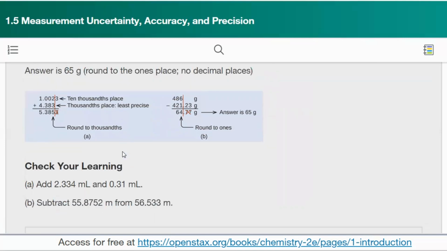All right, so let's check our learning. In order to do this, I might need to bring up a spreadsheet calculator, and I'm going to do that right now. It says here, add 2.334 milliliters to 0.31 milliliters.